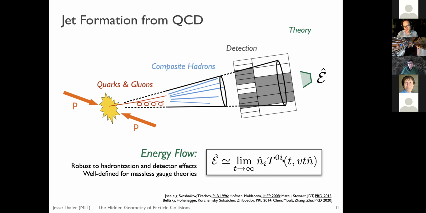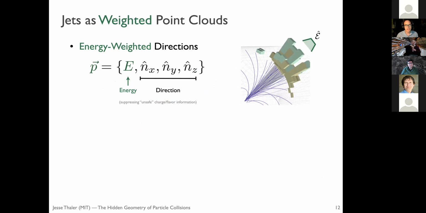So in machine learning language, instead of dealing with generic point clouds, when I'm focused on this energy flow, what I'm looking at is weighted point clouds. So I have directions, x, y, and z, and I'm going to treat energy as a linear weight. And I'm going to suppress infrared and collinear unsafe information like charge and flavor.